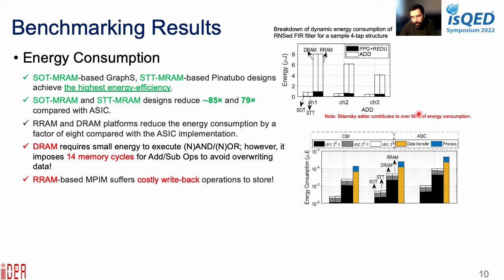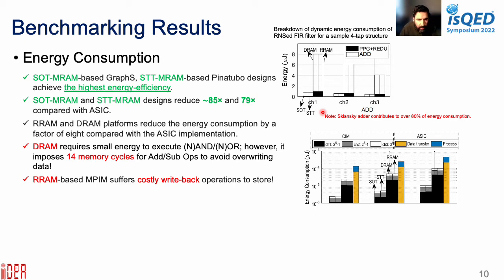Based on our experiment results, SOTM RAM based PIM along with STTM RAM based designs could be selected as the most promising energy efficient candidates among the under test platform. And as you can see, channel 1 is the most computationally intensive layer.